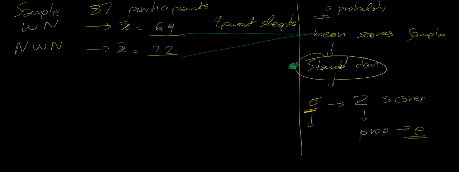I want you to remember that I won't be able to work with these numbers. I will change these numbers with something else according to our class sample, because I have the Excel of my class sample. And I will show you how, using the Excel, I can find from the mean the standard deviation.